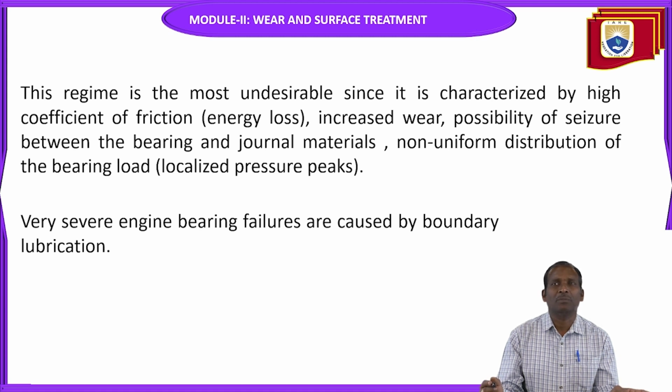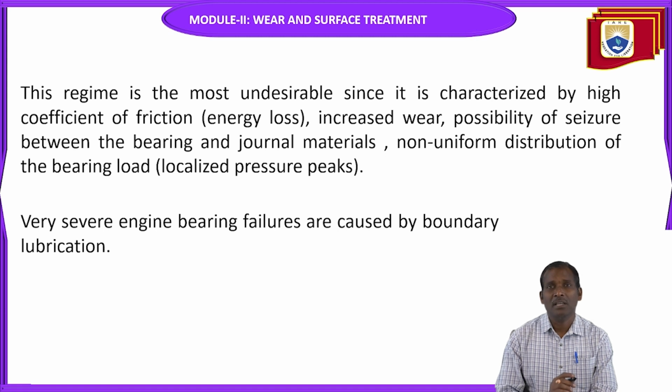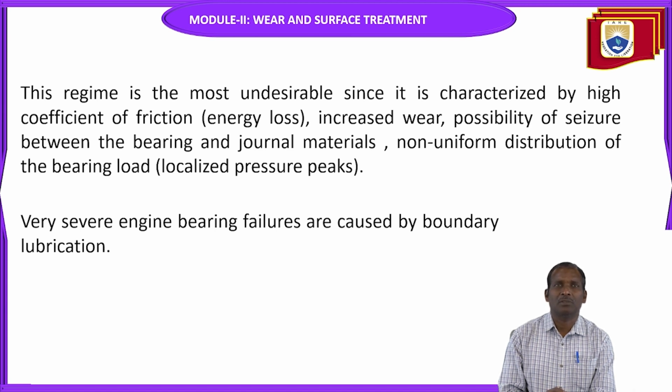So there is non-uniform distribution of the bearing load, and localized pressure peaks are there. Very severe engine bearing failures are caused by boundary lubrication. There is the possibility of seizure between the bearing and the journal materials.